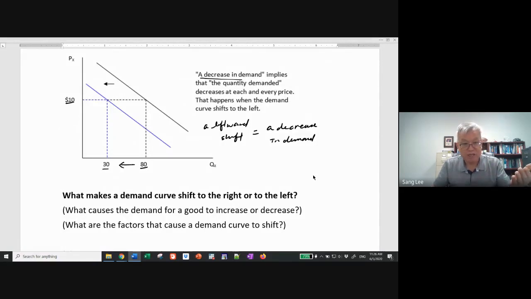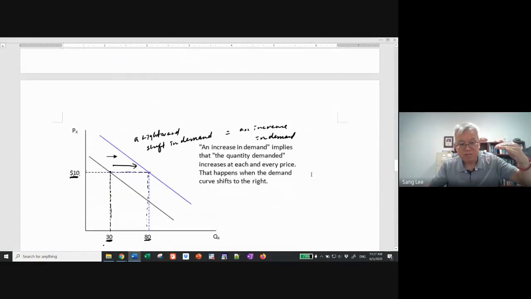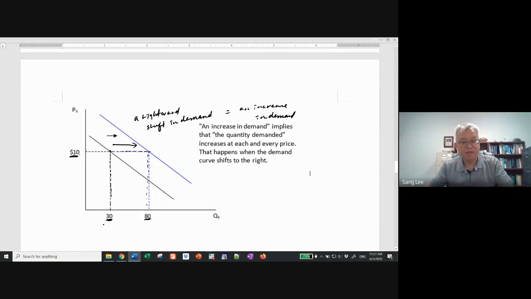Again, price is not the cause because it's the same price, but something else caused this. So a leftward shift in the demand curve means same price, but people buy less than before. That is what we call a decrease in demand. Same price, but people buy more than before means a rightward shift in demand, or an increase in demand.